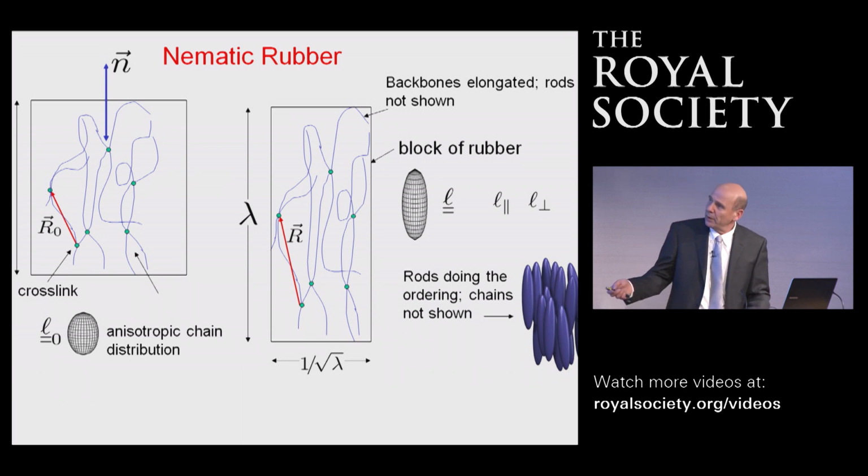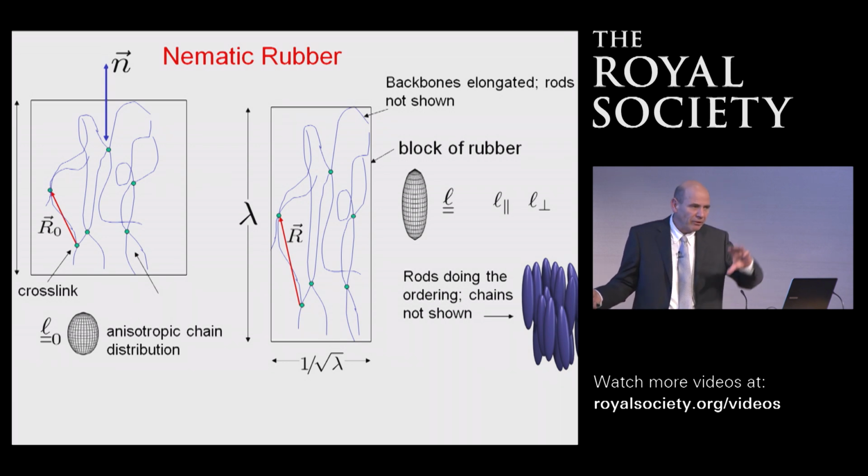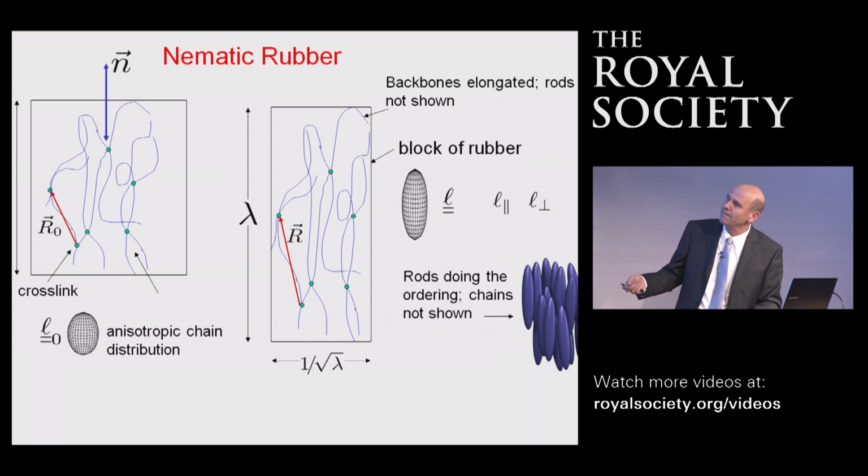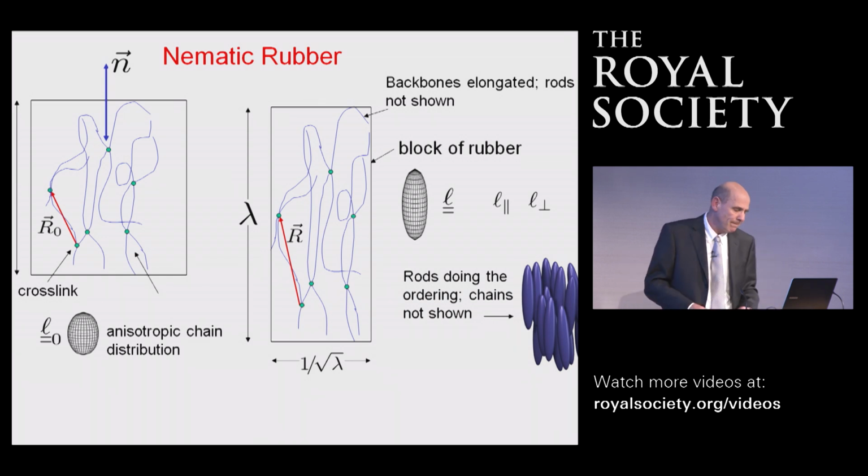So everywhere where you now see these sort of string-like objects, they've actually got these attached to them, which are doing all the action. But I couldn't draw it both in. And then I can elongate this piece of rubber by a factor of lambda from its original length of 1, and the chains will change their shape from being maybe nearly spherical to being elongated. And elongation of molecules is mirrored in extension of the body.